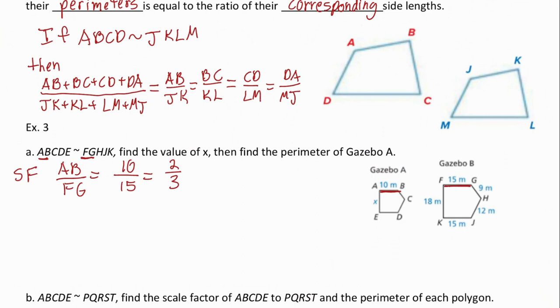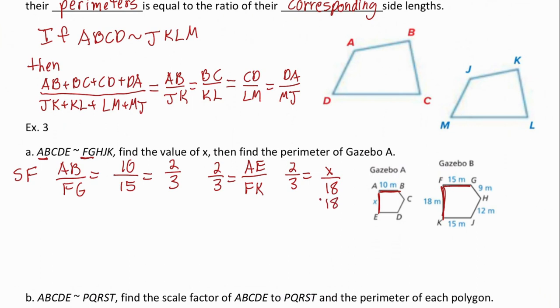So we would say, again, that ratio, 2 over 3, is going to be equal to, we're going smaller, so that would be AE, and AE is corresponding with FK. So we'd say that 2/3 equals AE, which is x, over FK, which is 18. To solve this, we'd multiply both sides by 18.